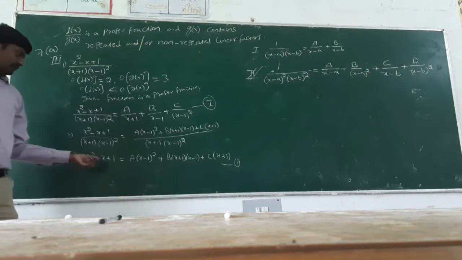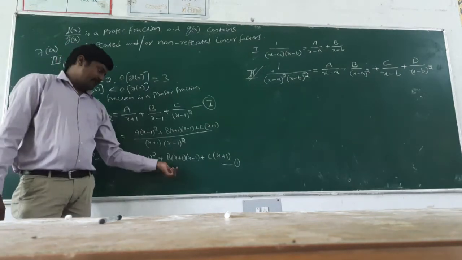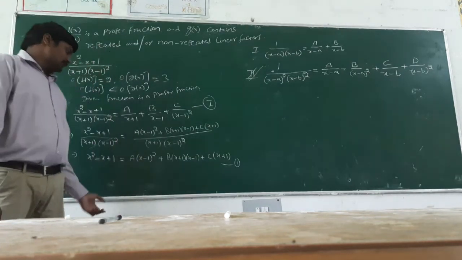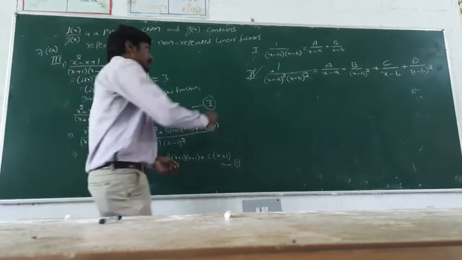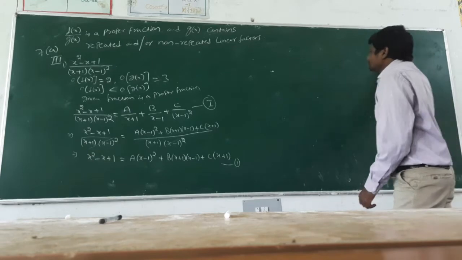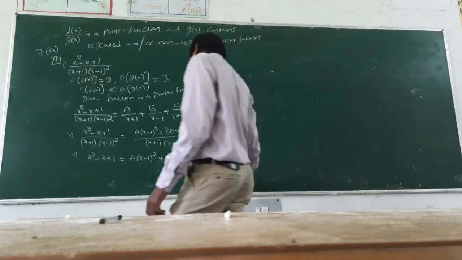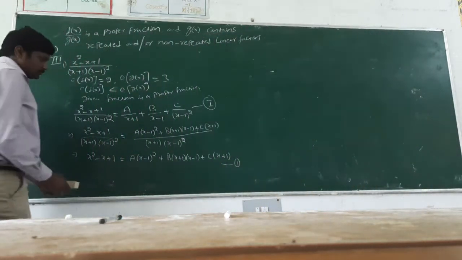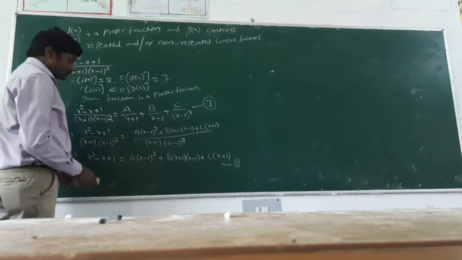Now we find the constants a, b, c. Put x is equal to some values by substitution and we get the constant values a, b, c. Put x is equal to 1 on both sides.